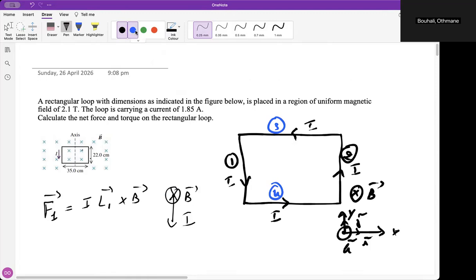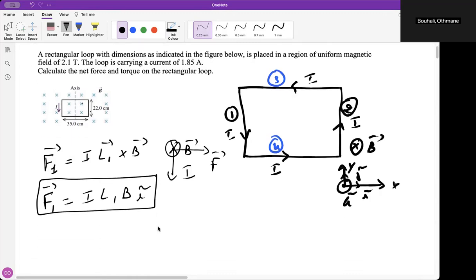This means that the force will be in the direction to the right. So the magnetic force on side 1 will be equal to I L1 B i.